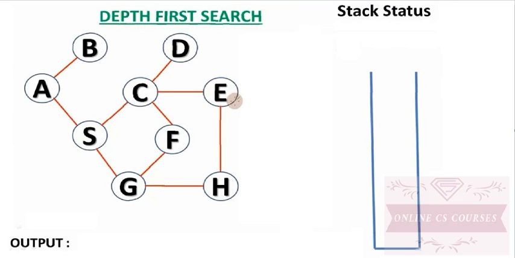So we will put the A into the top of the stack, and we will put it here in the output sequence, and here we will put it on the top of the stack.